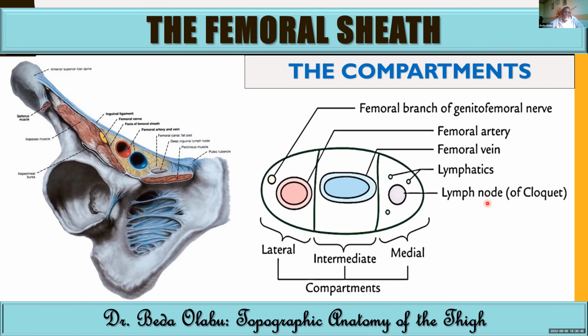The node of Cloquet is one of the deep inguinal lymph nodes which drain the glans penis and the glans clitoris. This image captures again the region of the sheath, noting that the region of the canal is a potential space, has some loose connective tissue.